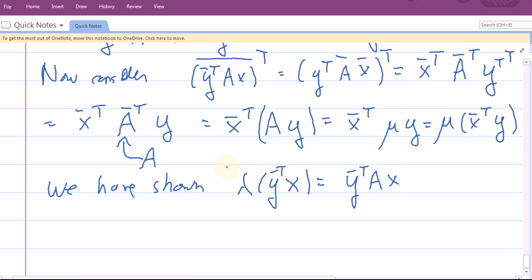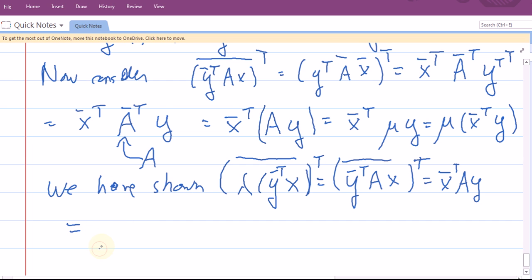And if you take the conjugate transpose of this, this is equal to x conjugate transpose Ay, which is equal to mu times x conjugate transpose y.